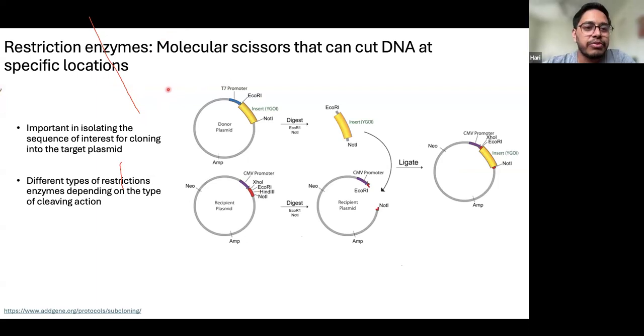So yeah, we can use restriction enzymes to cut the DNA sequences at our desired sequences, and we can isolate that particular part of DNA from, let's say, a donor plasmid which has the gene of interest that we are looking for.